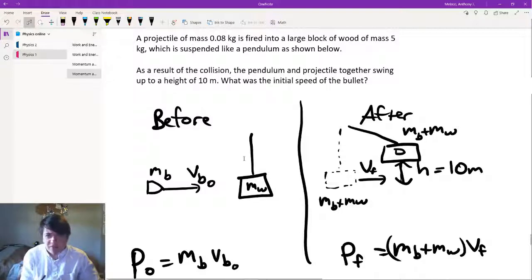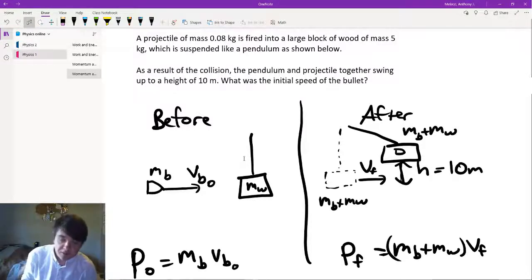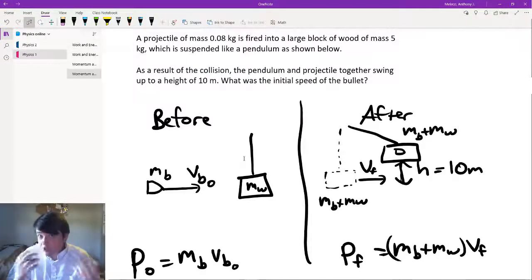There's friction, there's heat being released, you're deforming the wood in some way. So it's not just straight energy that you can use for this. Now, if you had how much energy was lost from the system during that collision, you could do it. But because of that, what we have to do is do momentum conservation, which we can always do even if we're losing energy, right? Then you do energy conservation after the collision takes place.